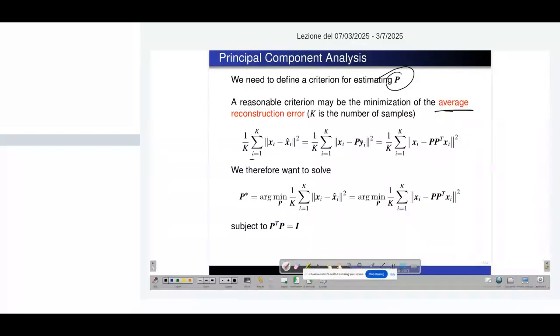Now, how do we define something that is general? Well, unfortunately, we can't define something that works for every task. The way we follow here is we define similarity in terms of Euclidean distances in the original frame. So we use the concept of distance between points to define whether two points are similar or not. Points that in the original frame are close will be considered similar.